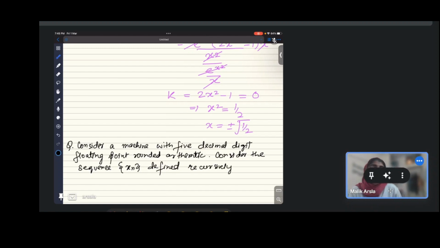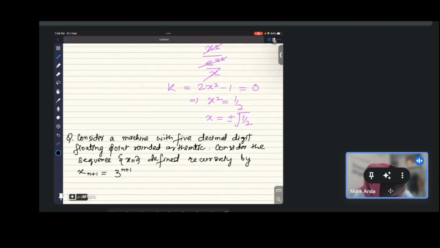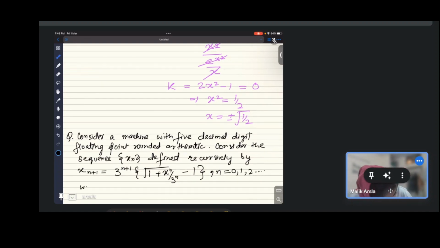The recursive expression for xn is given by x(n+1) = 3^(n+1) times the square root of (1 + xn/3^n) minus 1, n equal to 0, 1, 2, and so on. And x0 is given with x0 equal to 0.01.